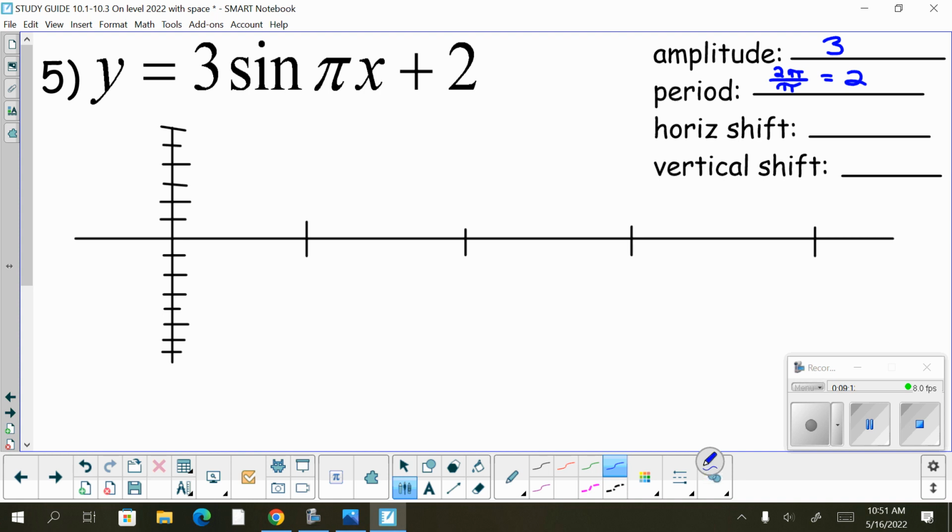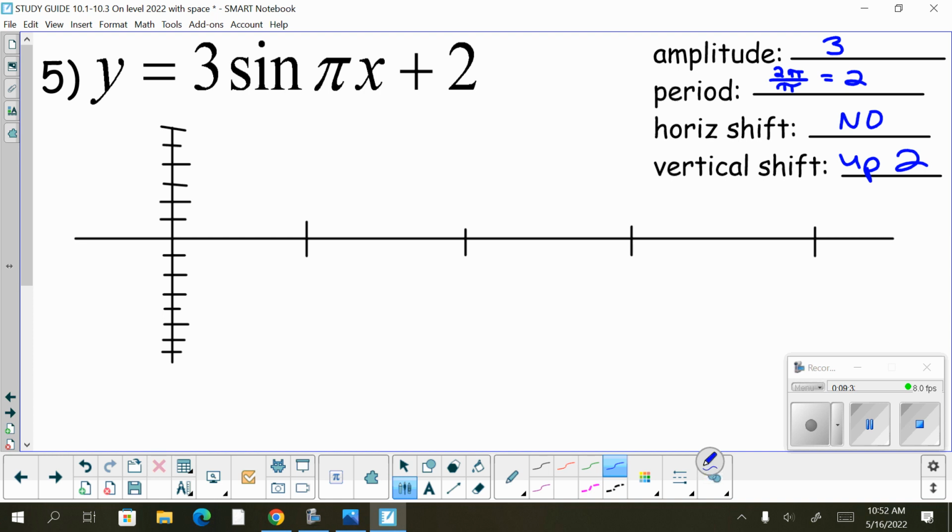That'll make the numbering very easy. I like that. Do you think there's a horizontal shift? Nope, because there's no one in parentheses. Do you think there's a vertical shift? Yep, up 2. So I'm going to do the same thing with that preliminary graph and then shift everything and then have a final graph.